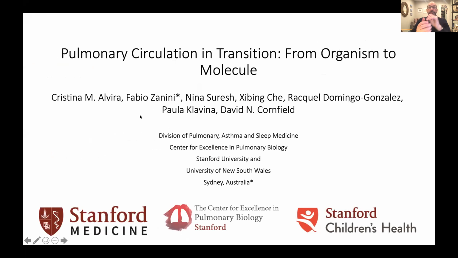So what I'd like to do today is focus on something that is perhaps both the past and the future. I'd like to speak about an area that I've been focusing on for the last too many decades to admit, and that's the pulmonary circulation in transition.